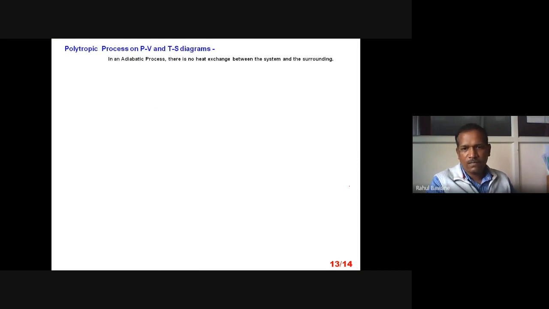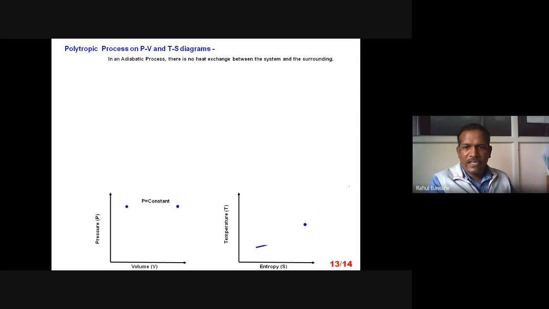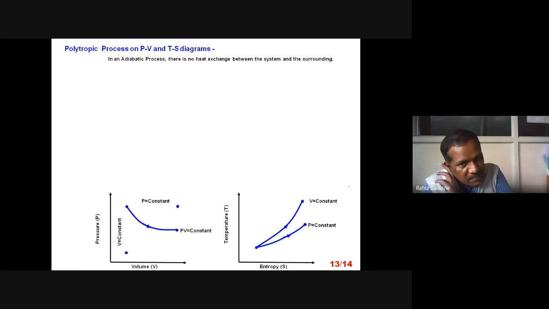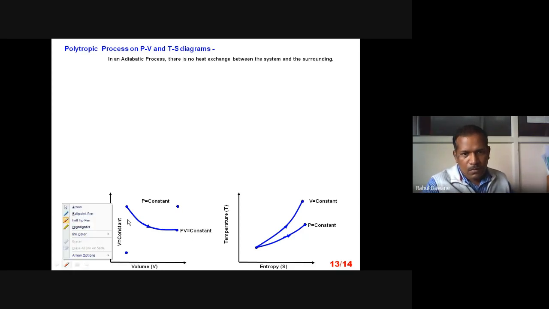Now the last is the polytropic process. Many times it is observed that students struggle with how to draw the polytropic process. This is constant pressure, constant volume. Some animations are missing there. For constant pressure the line will be like this.